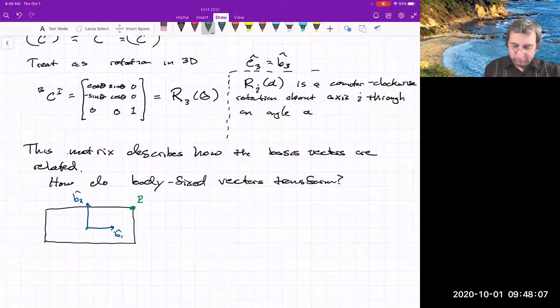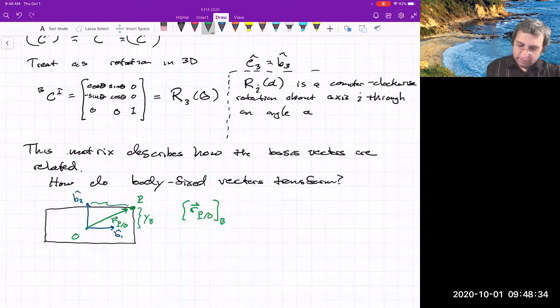And I'll use the middle of my body as the origin. So let's write this vector, which is R_P with respect to O. If we were to write that in the body fixed frame, it would have, say, a Cartesian component, YB and XB. So this looks like XB, YB.